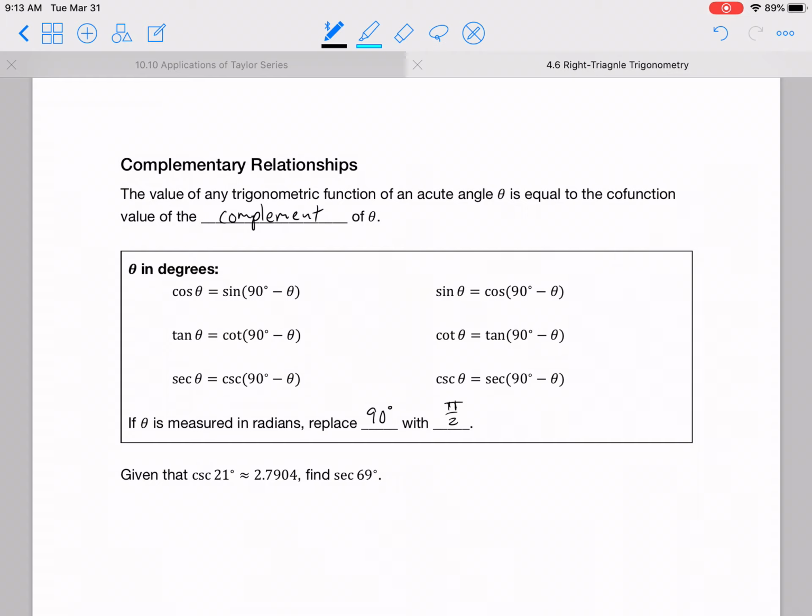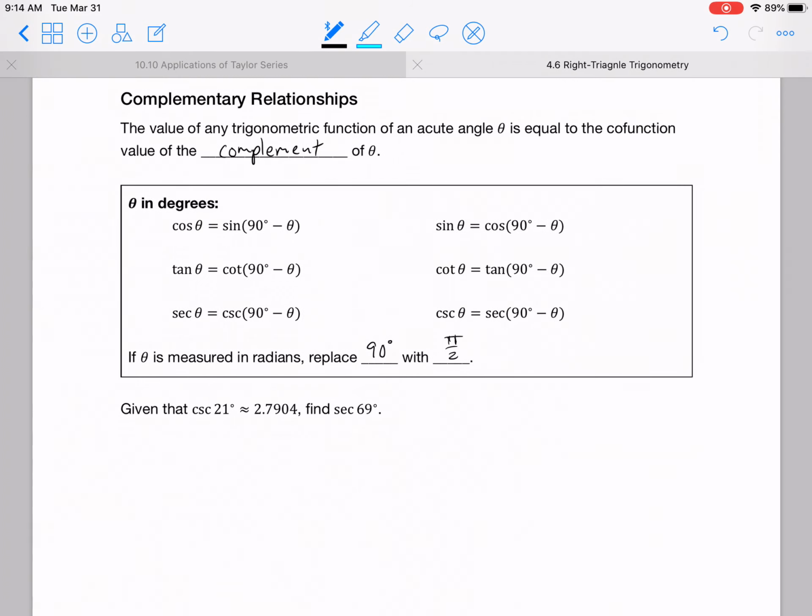So how is this useful? Well, let's say that you already know that the cosecant of 21 degrees was about 2.7904, and you're asked to find the secant of 69 degrees. Well, we can use these relationships by saying the cosecant of 21 degrees is equal to the secant of 90 degrees minus that 21 degrees.